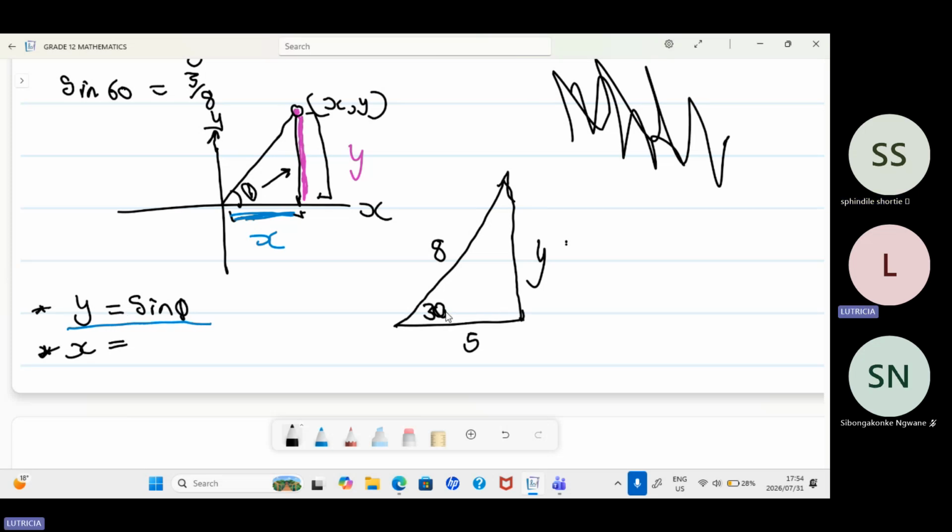Okay, let's say theta was 30. So our opposite is going to be y, and then our hypotenuse is going to be 8. Yes, you're in the right direction. And then for sine theta, there's an invisible one, which is sine 30 all over 1, and then we're gonna cross multiply.